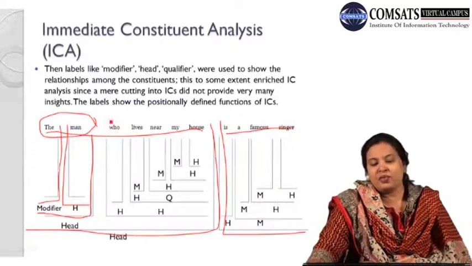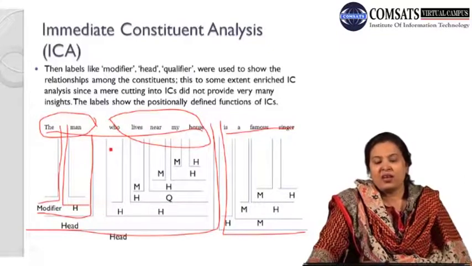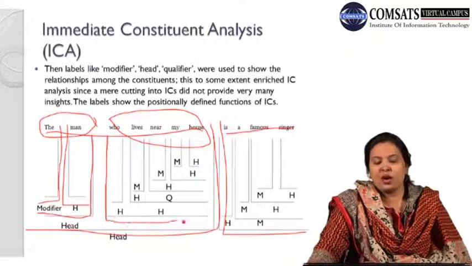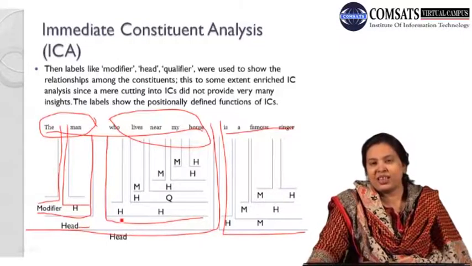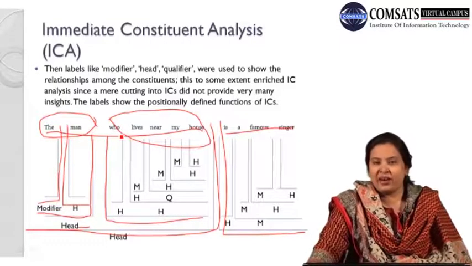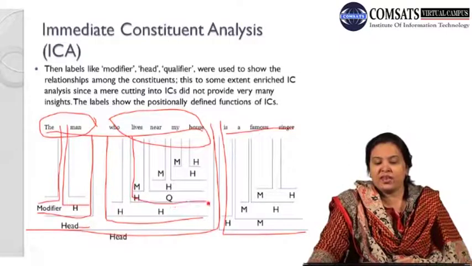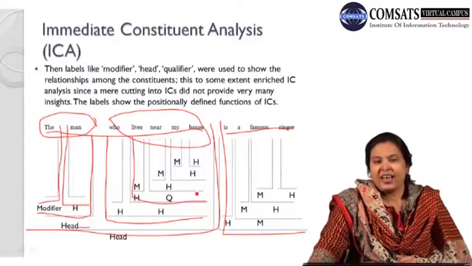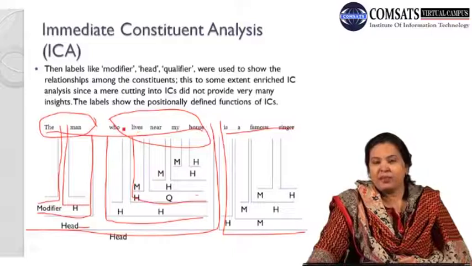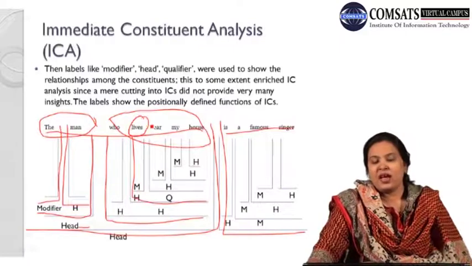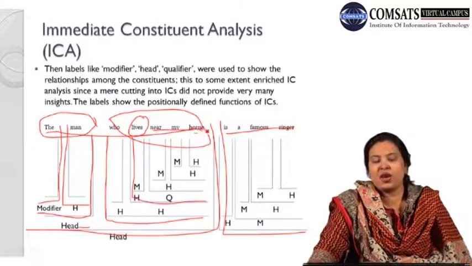Now over here we have this part, "who lives near my house". This as a whole is a modifier for this head. For this modifier, "who" is the head word, and "lives near my house" is another head. In this, after "who" is separated, in "lives near my house" we have the head word "lives", and "near my house" is a qualifier.